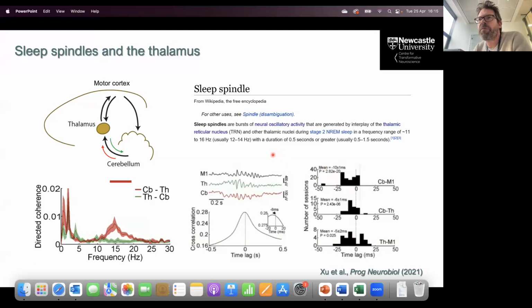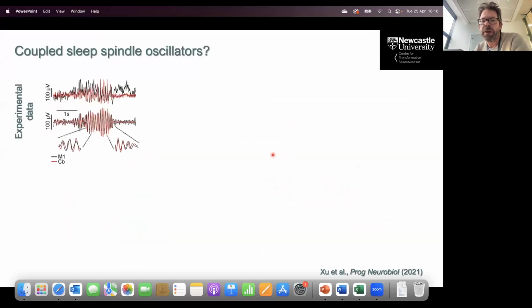Now, before we completely rewrite the Wikipedia entry on sleep spindle oscillations, I should tell you one more thing. I think it's a little bit more complicated than that. I think we have evidence in our data that there may be at least two separate oscillating circuits.